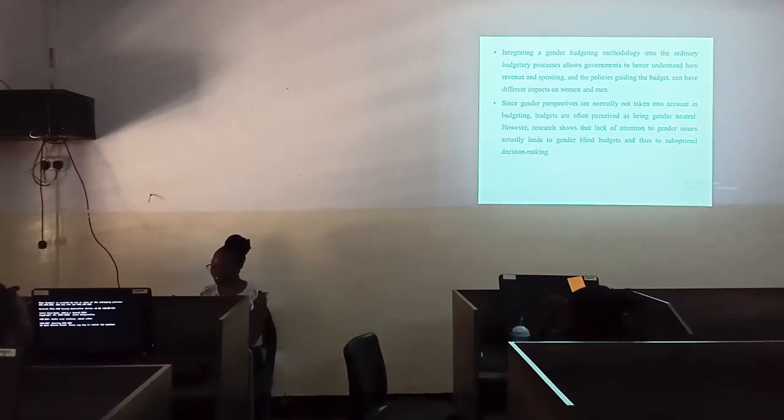Because when I'm making a budget, it's guided by a policy. So if the policy doesn't favor women, it means it impacts women differently or negatively.